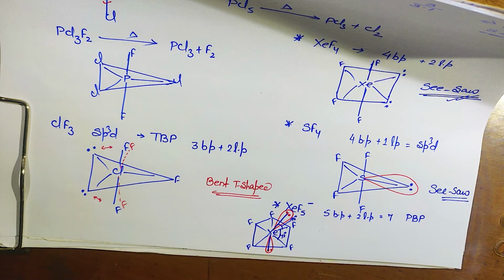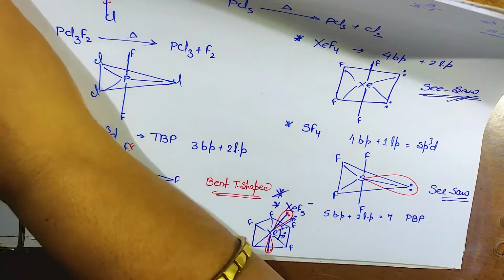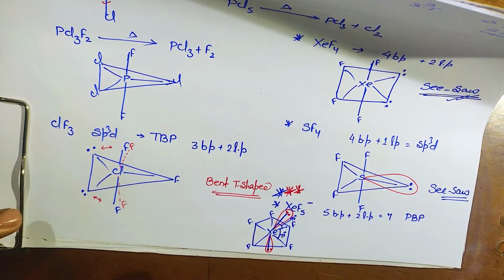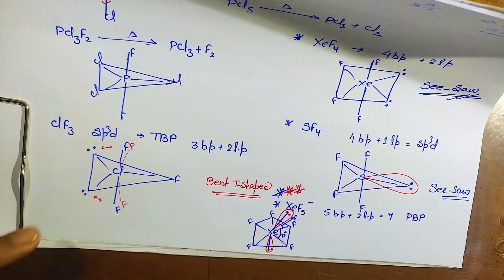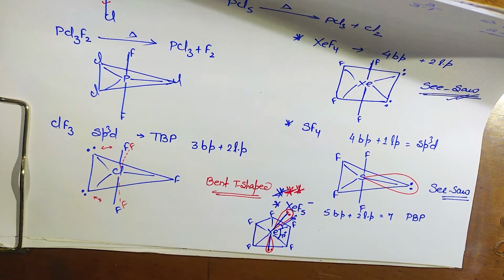Where is it getting more space? Obviously on the axial position. So you can say that it is not following the bent rule, but actually it is also following the bent rule, and because of more space it will be on the axial position. Did you get that? Did you understand? Any problem in this?